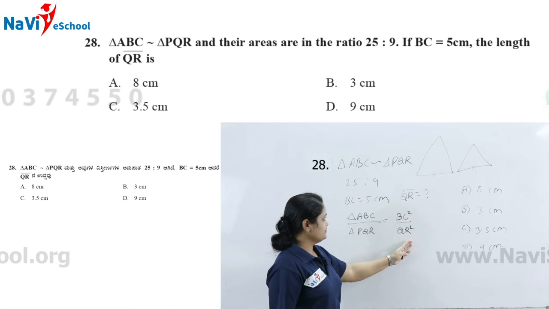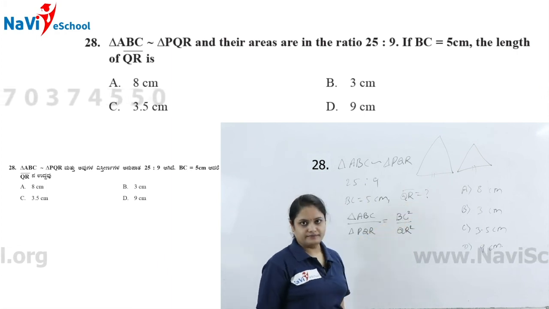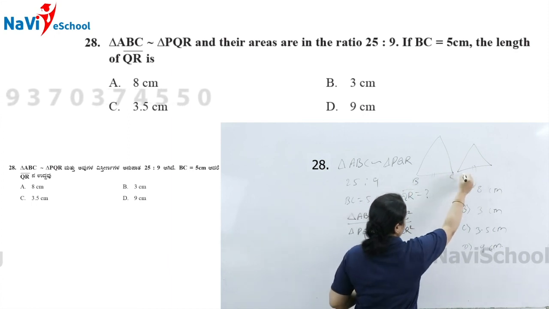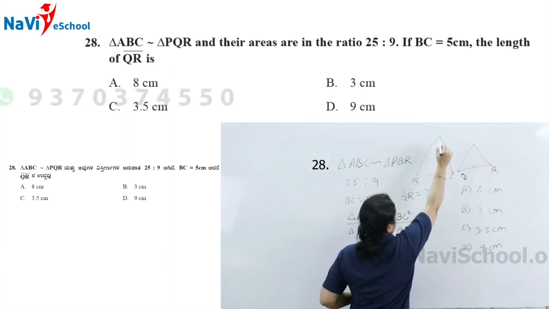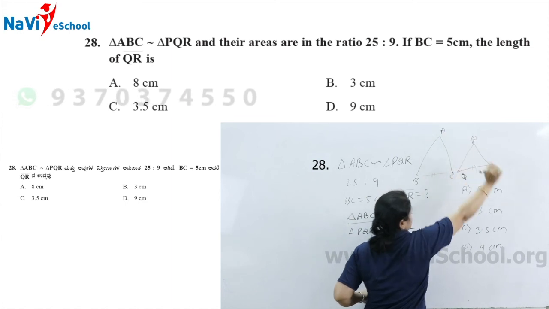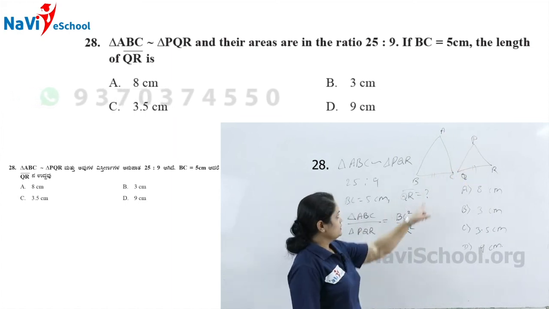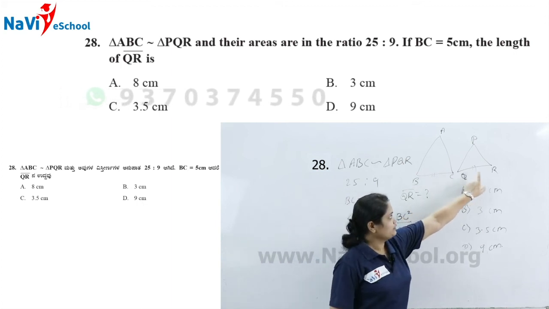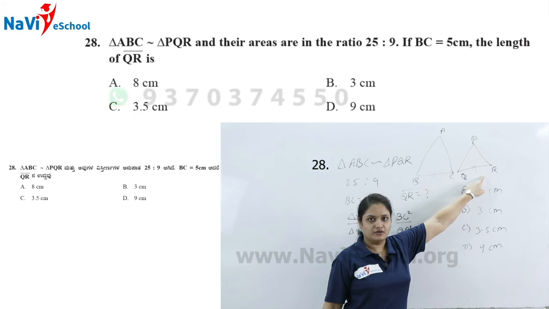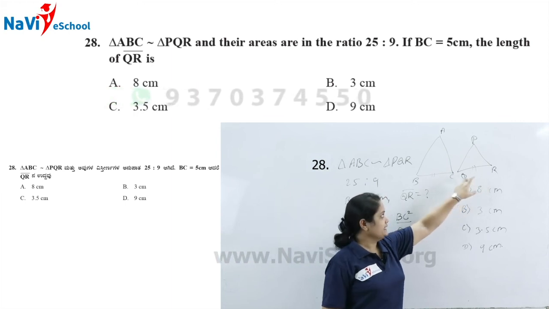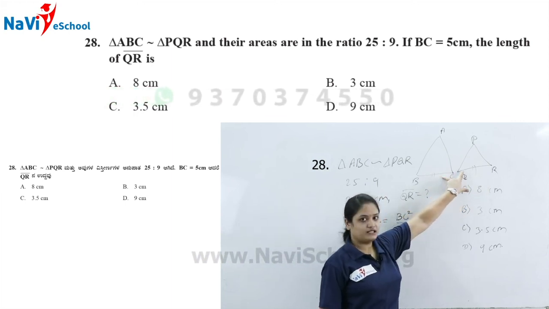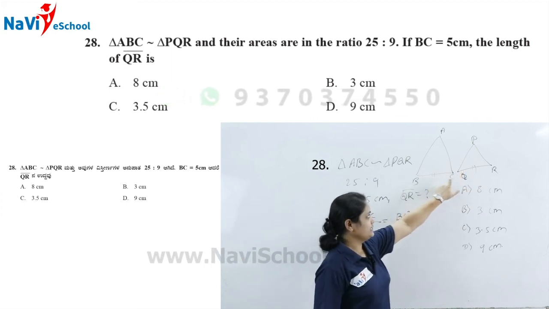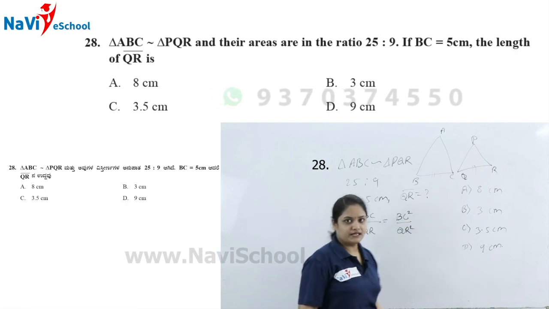For example, if the triangles are like this, see, they are similar to each other and they are in the ratio 25:9. Means what? The first triangle, obviously, should be bigger than the second one. So, this side is corresponding to this side. That's why I took here BC and QR only. This side we know. We have to find out the length of QR. These are the two corresponding sides. Okay, is that clear?